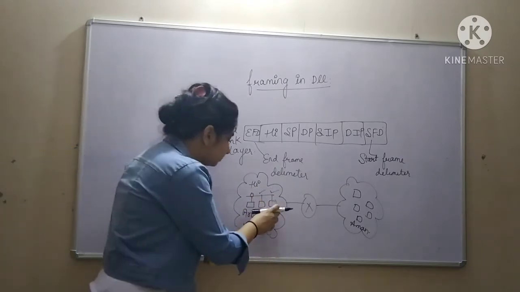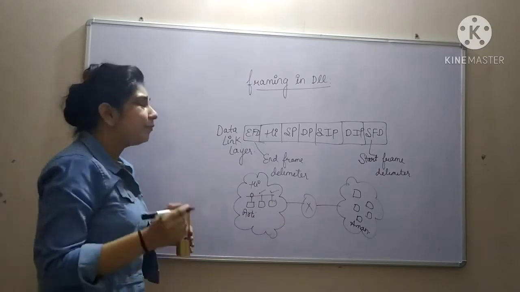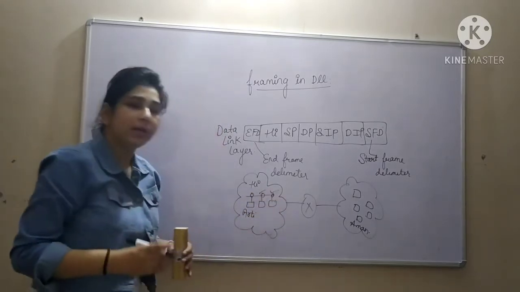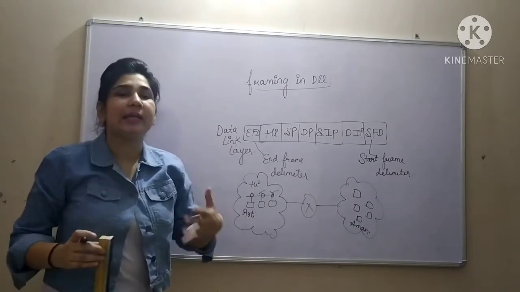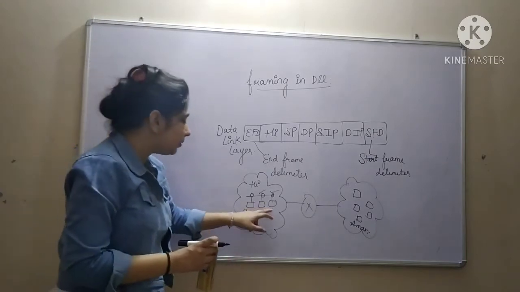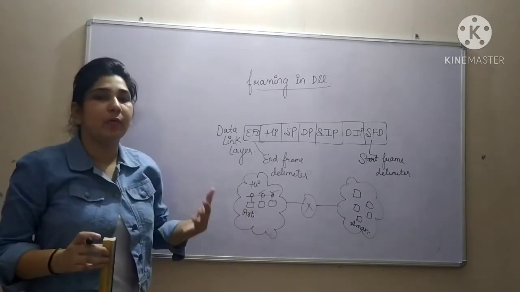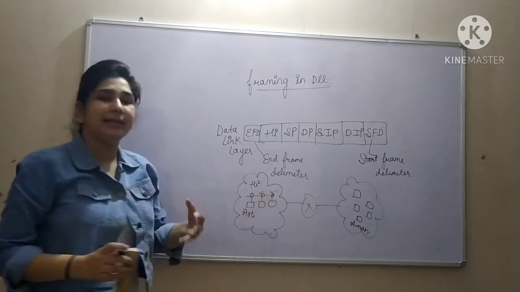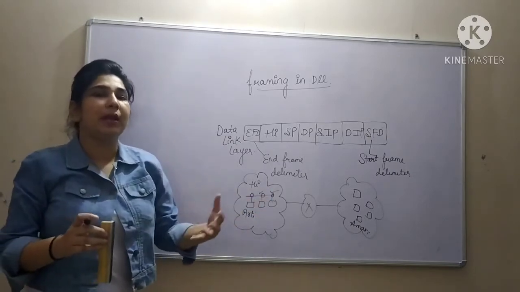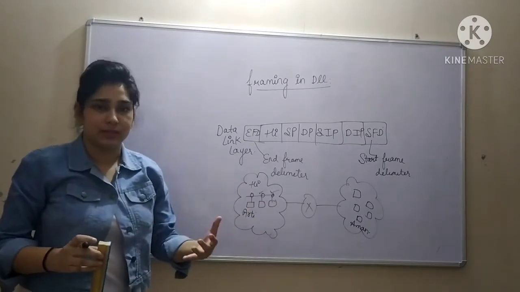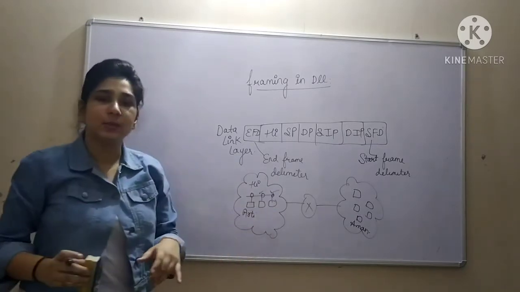So the first situation is that all the machines remain active all the time. They are 24 hours looking at the channel, just waiting for messages coming on the channel continuously.